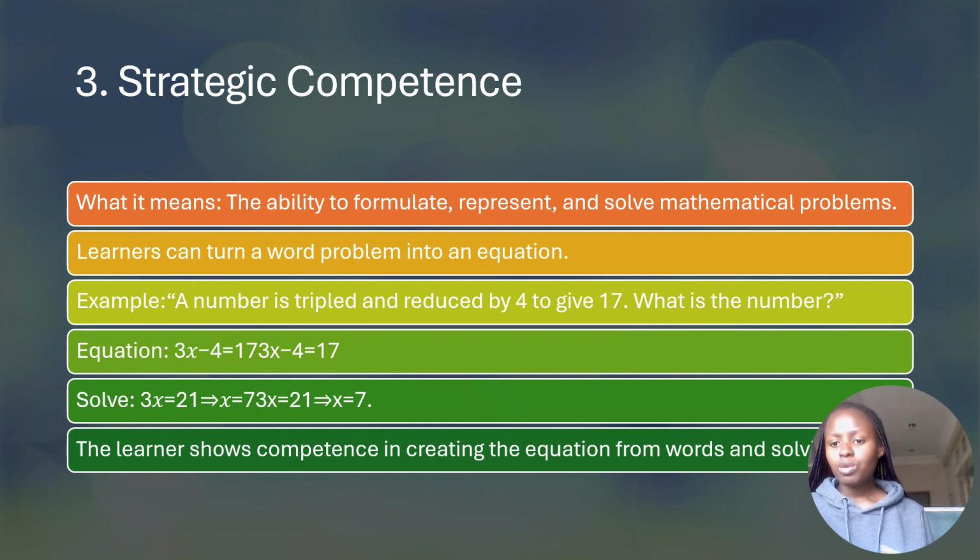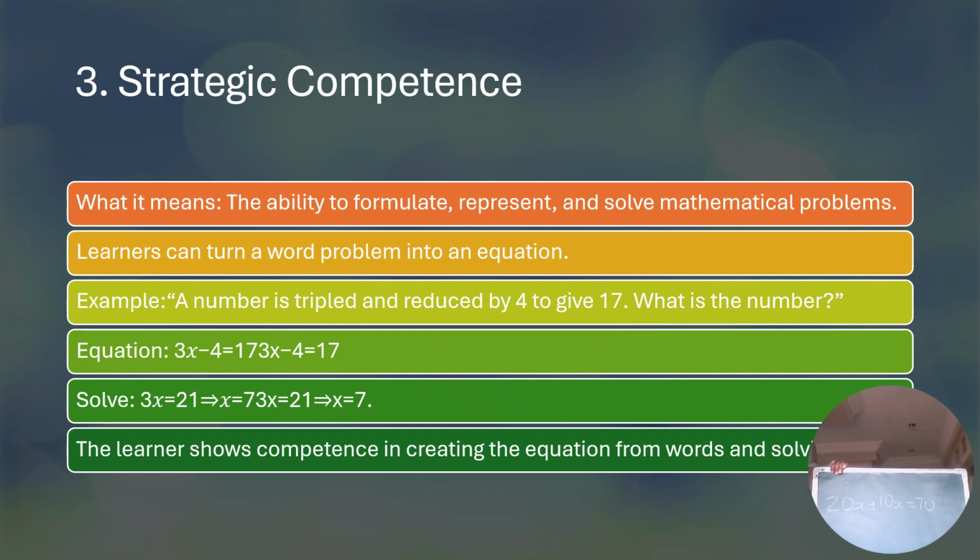Then you'll be able to take that problem and represent it as a mathematical equation: 20 plus 10x equals 70. So let me show you. The equation looks like this. I already know that the 20 rand is for the base fee, right?